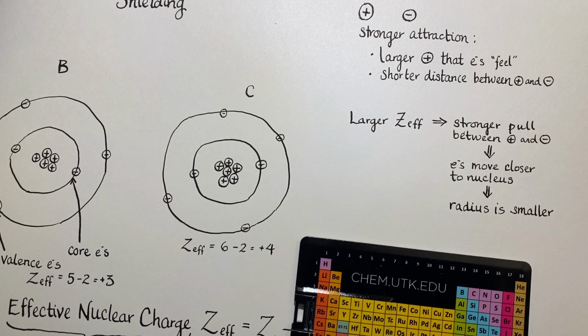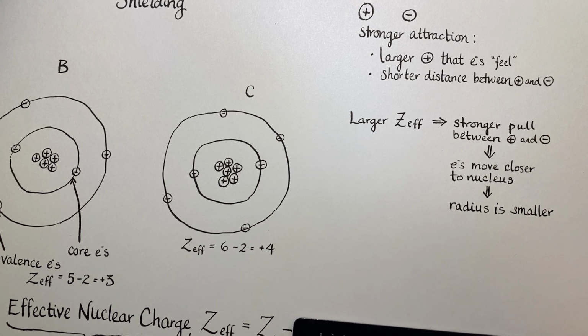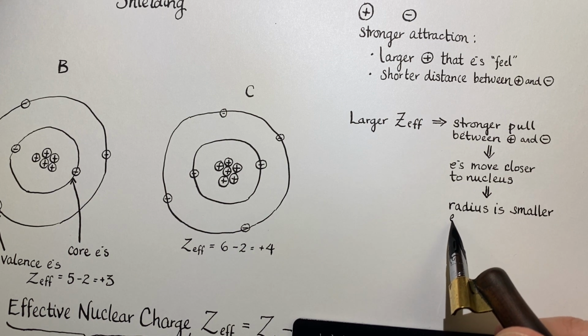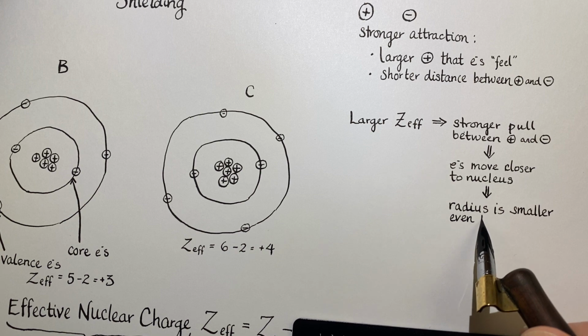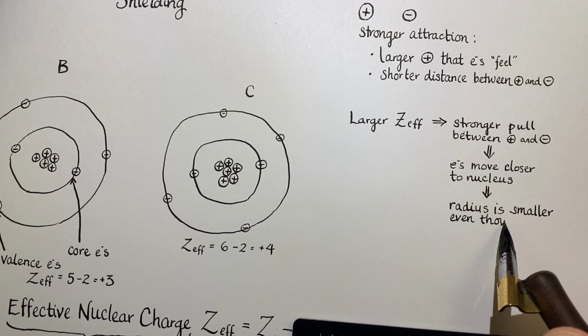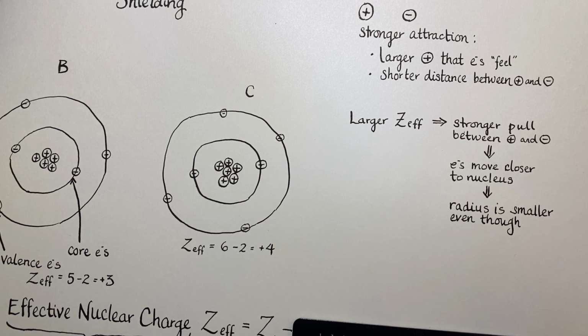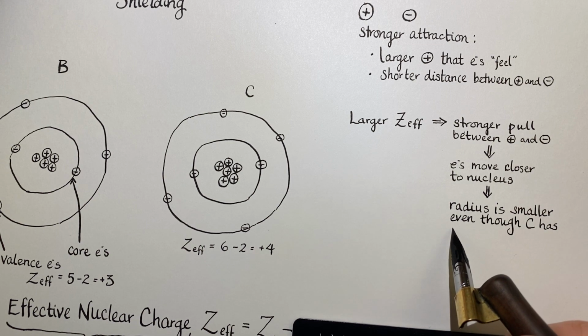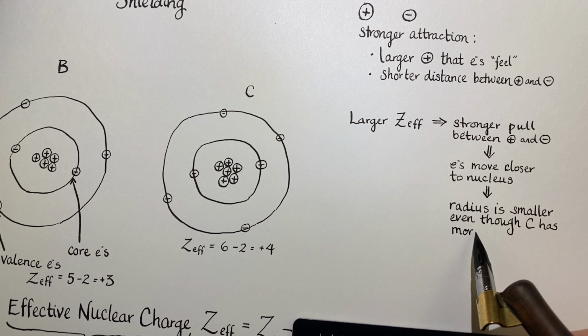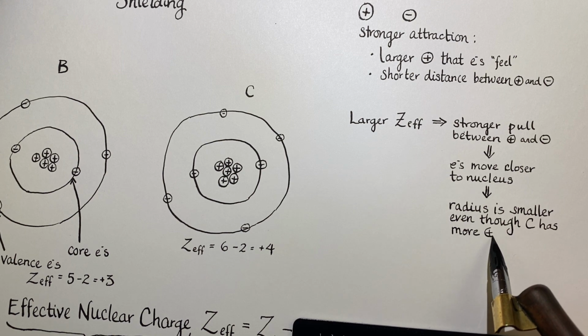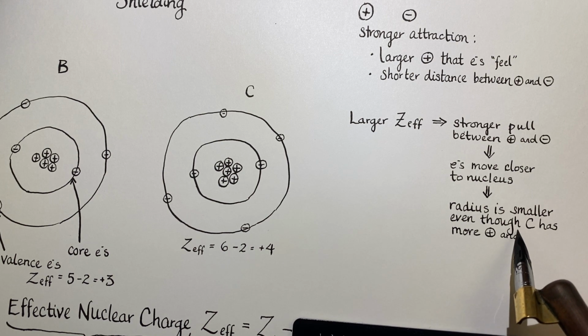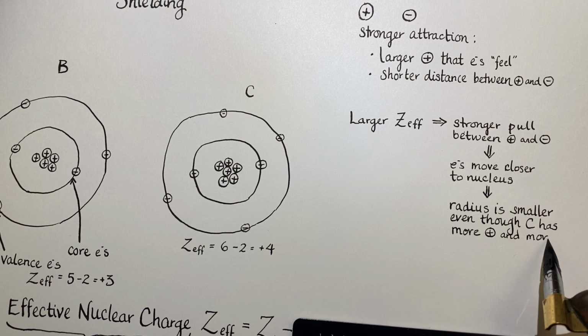So, this is really, really interesting if you think about this. The radius is smaller for carbon, even though carbon has more protons and more electrons.